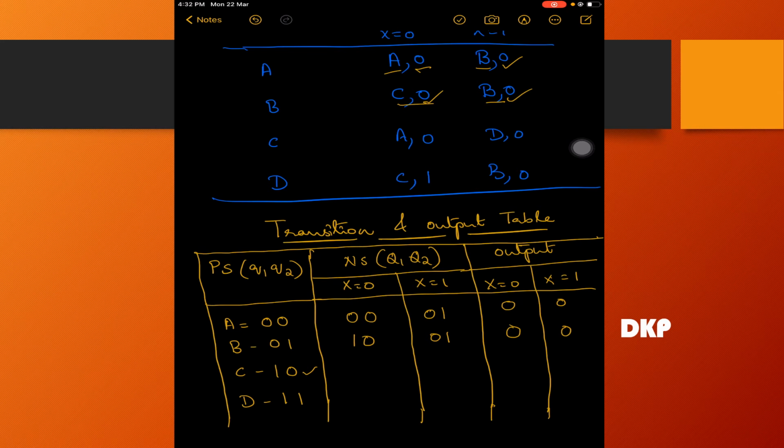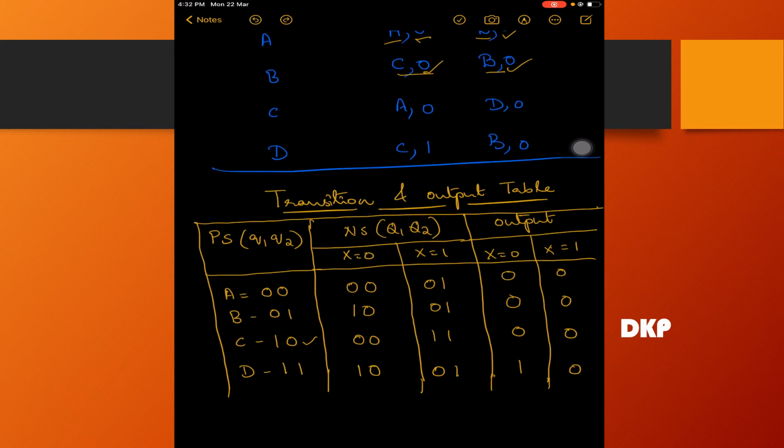Here you will get 0, 0, 1, 0, 1, 1, 0, 1, 0, 1, 0, 0. Wherever the sequence is detected, there you will write a 1. The remaining will be 0. So this is your transition and output table.